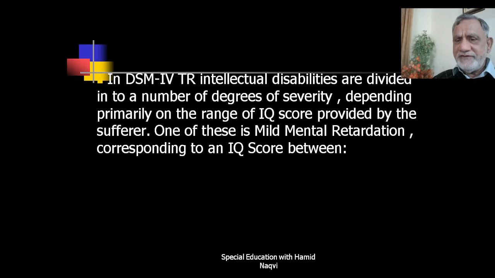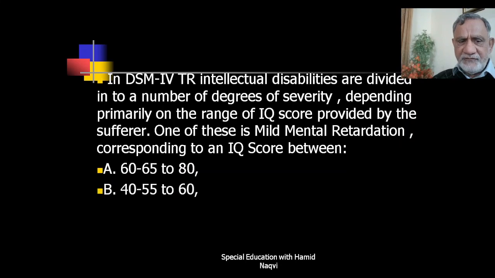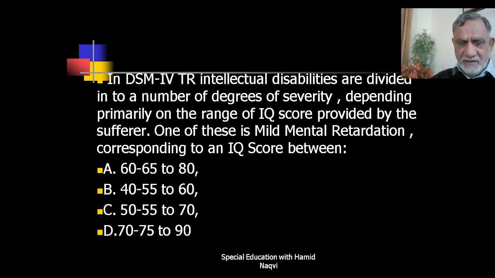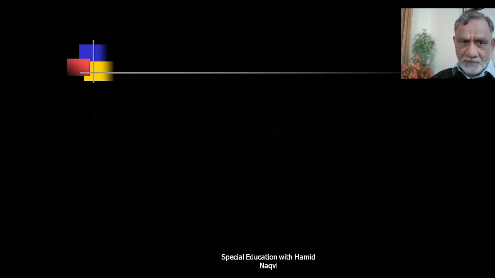One of those is mild mental retardation, corresponding to an IQ score between what? 60-65 to 80, 45-55 to 60, 50-55 to 70, or 70-55 to 90? The correct answer is C, that is 50-55 to 70. That is the range of mild mental retardation given by DSM.